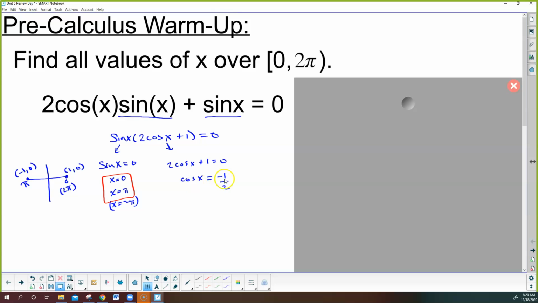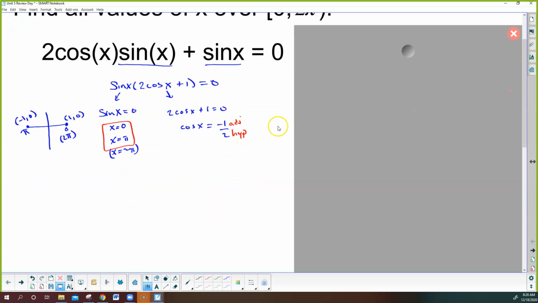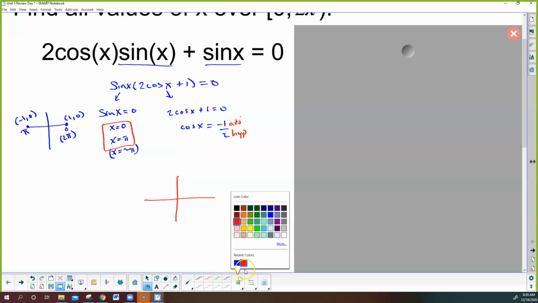But what about when we have cosine equaling -1/2? Well, if you've memorized the unit circle, you got it and you know this answer and you're done. But if not, then you have to think of, well, what is cosine? Cosine is the adjacent over the hypotenuse. So one of the things I like to do is think of this also on the unit circle, but realizing that if the adjacent is -1, it's going to bring me over to the left side of the graph.